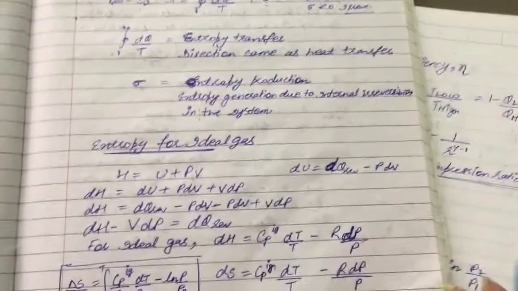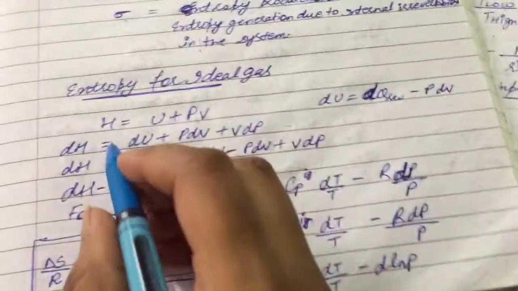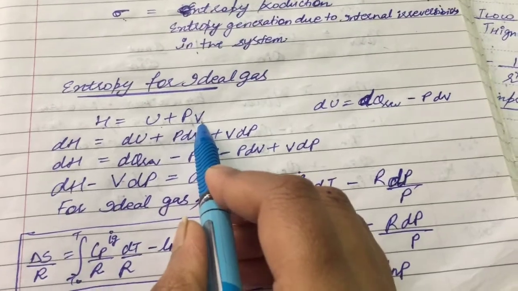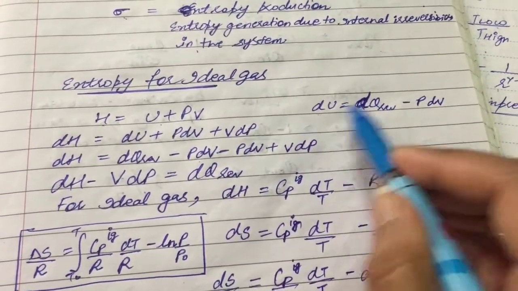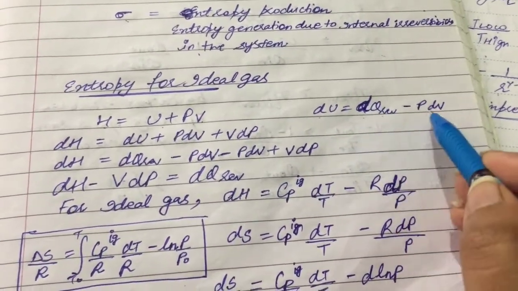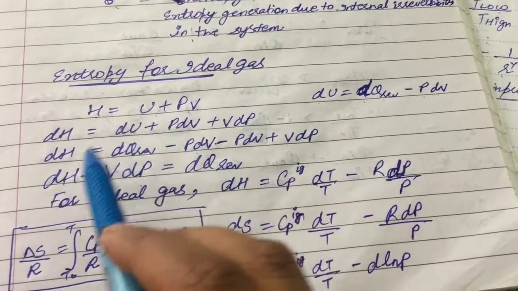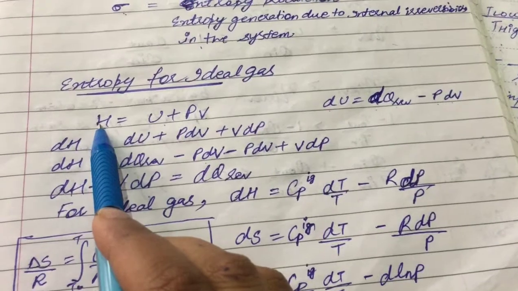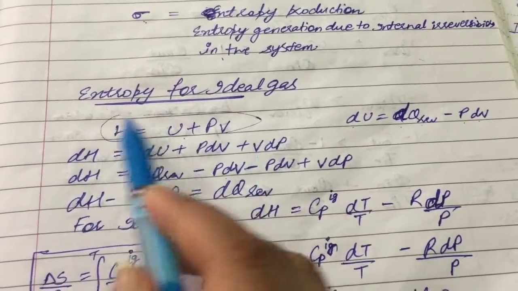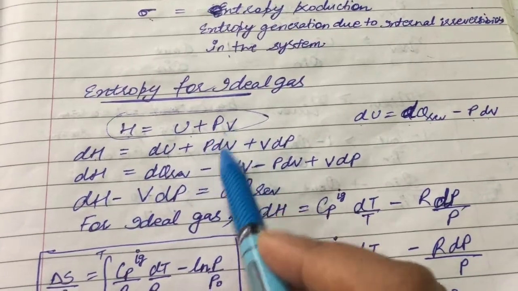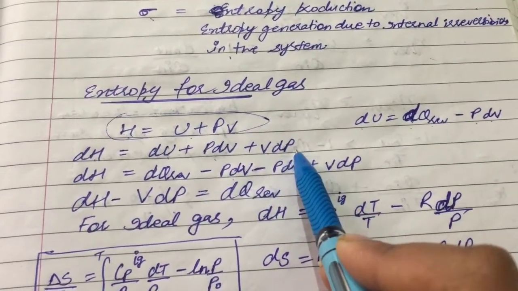Then entropy for ideal gas. H, our enthalpy, is equal to U plus PV. We know that du is equal to dq for reversible minus p dv. Taking the differentiation of this equation, we get dh is equal to du plus p dv plus v dp.